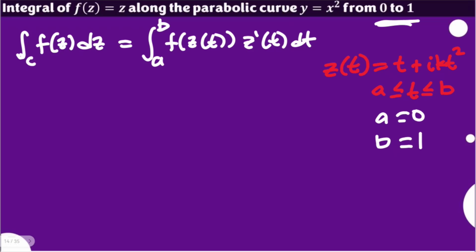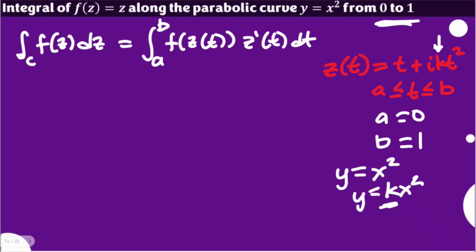Now, what would be the form for our z of t? That's the question. We still have to identify our k here. Our k is taken from your given curve y is equal to x squared. Supposedly, it is y is equal to k x squared, where k is its numerical coefficient.